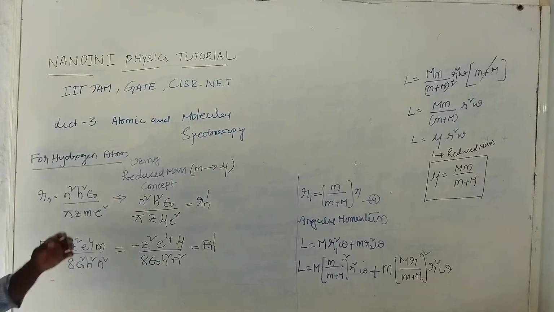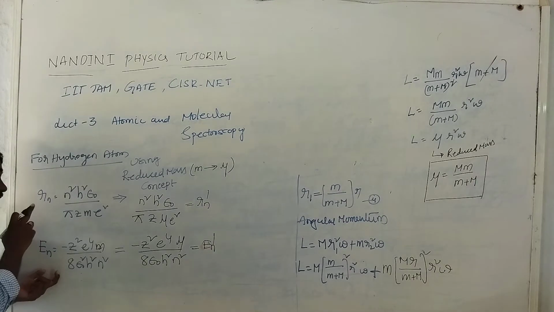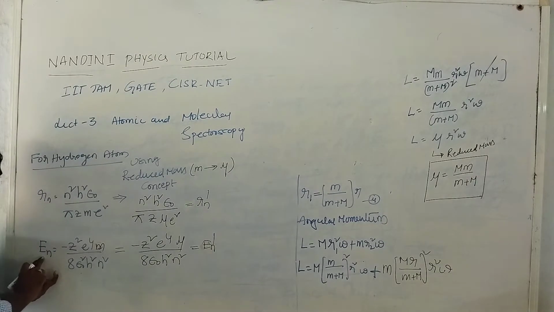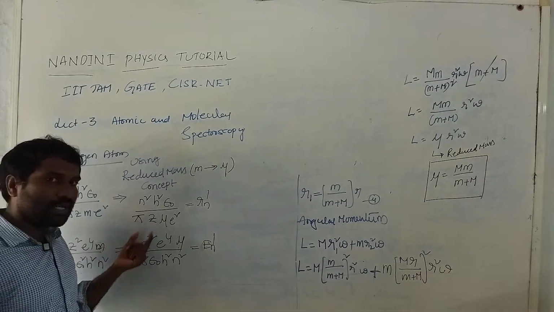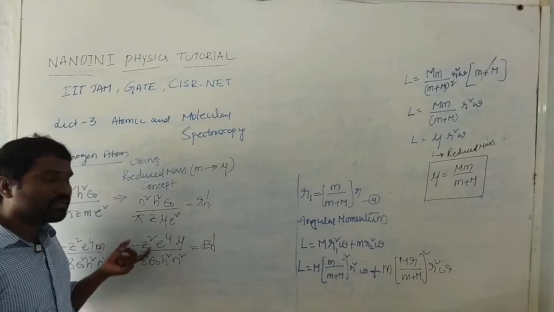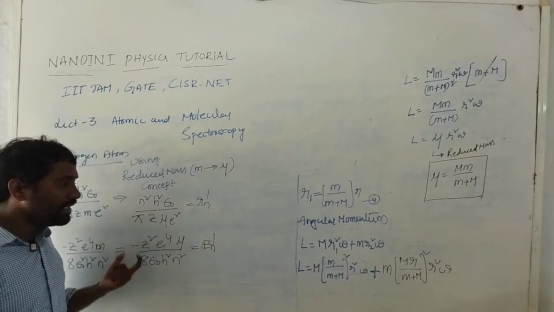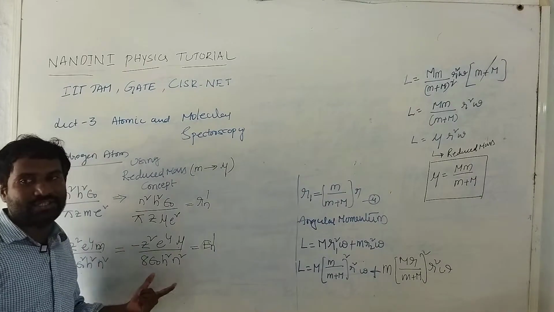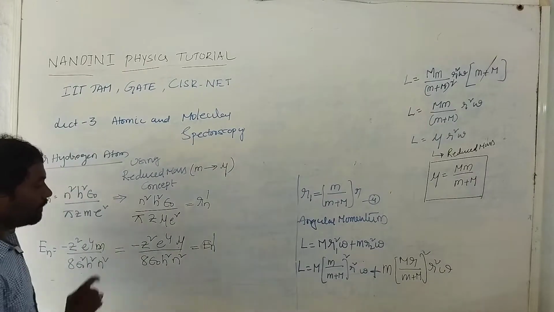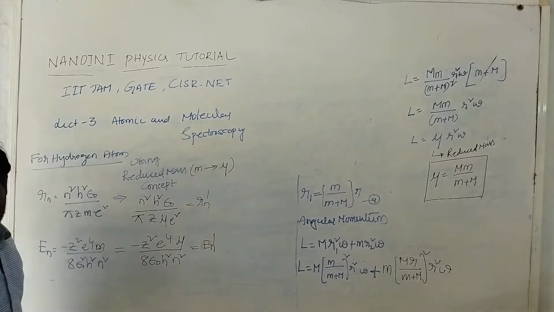Because the earlier two equations for hydrogen atoms used the concept of infinite nuclear mass, but right now these are used with the reduced mass concept. This is called the new hydrogen atom radius and new hydrogen atom energy: Rn dash and En dash.